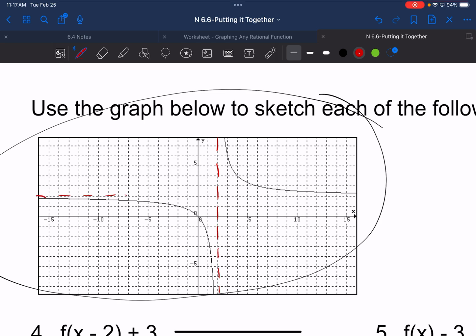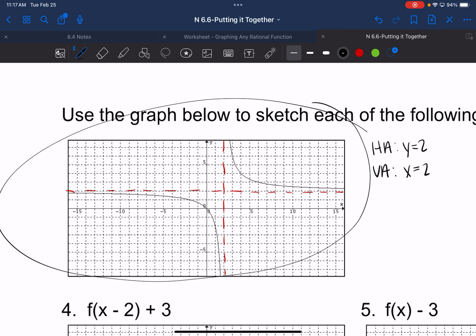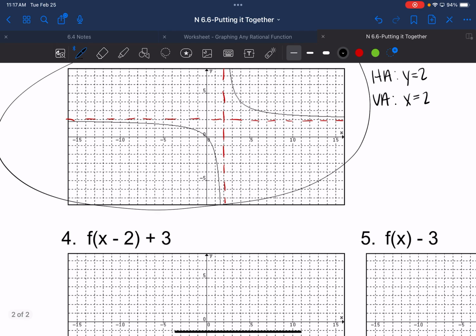Awesome. Okay, so I'm going to make note of that over here to the side. So you guys said a horizontal asymptote at 2, as well as a vertical asymptote at 2. Okay, awesome. So keeping that in mind, they ask us to make the following changes.